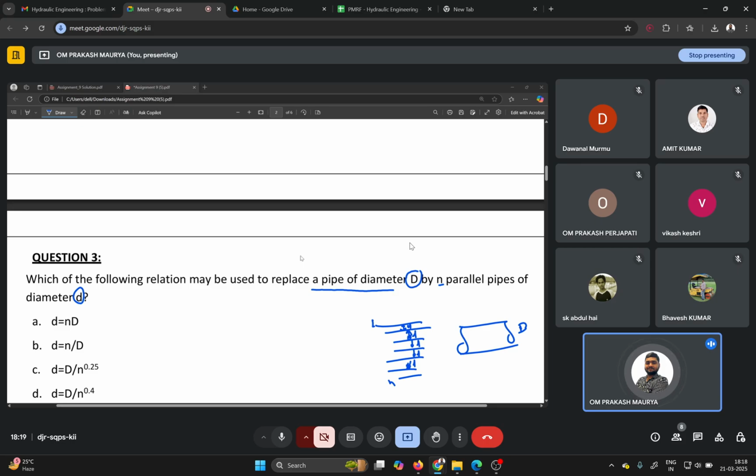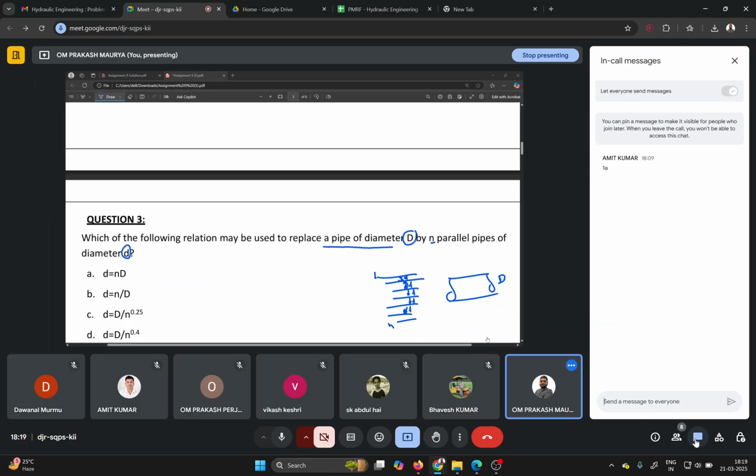And fourth one is option D, small d is equal to capital D divided by n raised to 0.4. So everyone please try to write your answer in the chat box. Question number 3. Here you have n number of parallel pipes.